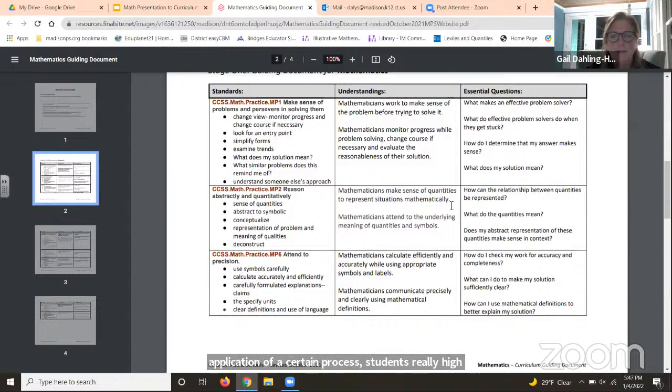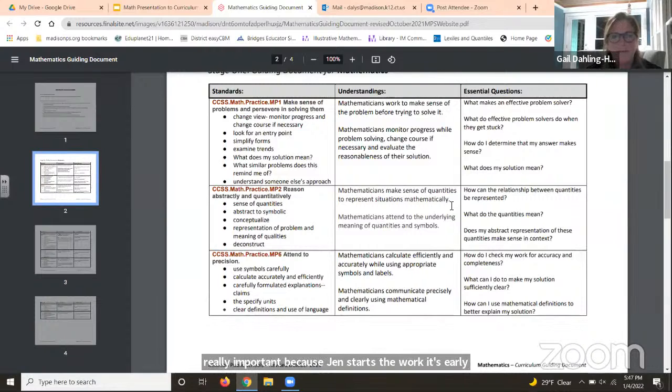Students really have to be able to pack and unpack what a question's asking them and search for a variety of ways to solve problems. It's really a higher aspiration than just teaching students how to add, subtract, multiply, divide, calculate, and follow one algorithm. So all of this, the team's common understanding is really important because Jen starts the work as early as in kindergarten.